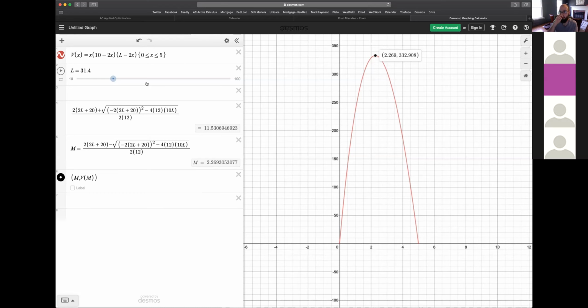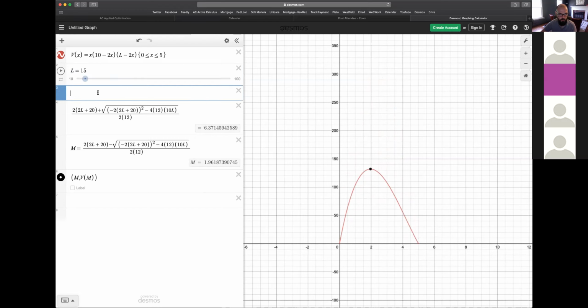Okay, so this is an illustration of really the power of using calculus. Some of these problems we can do if we just set it up. So if I knew that L was 15, I was able to pick off that maximum value without really doing any calculus. We didn't have to find critical values or anything like that. But a lot of the time these values are uncertain, and so we have parameters in there.